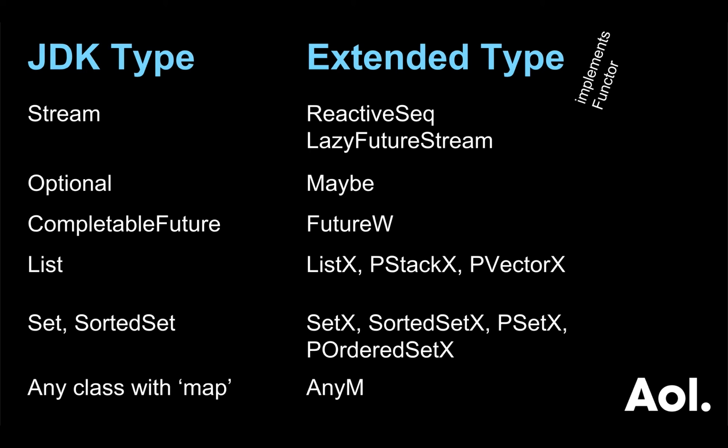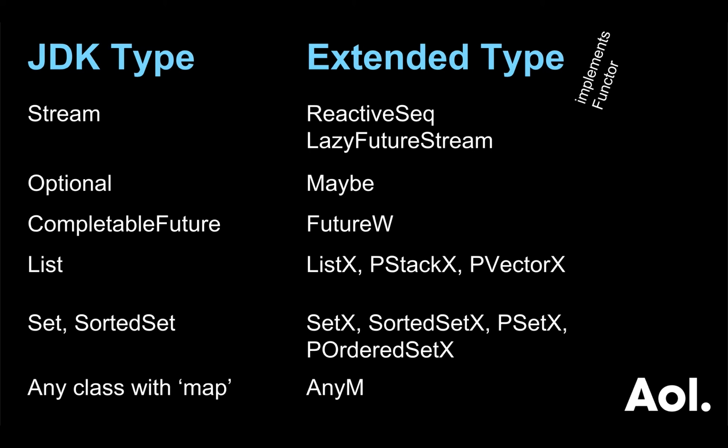The types that have P in front of them, P stands for persistent here, and the JDK types are by their nature mutable, but you can make them immutable. The challenge though, if you want to change a value or a single value within a JDK collection that's been made immutable, is that you have to copy the entire data structure just to change that single value. With persistent data structures, you can evolve them much more efficiently.